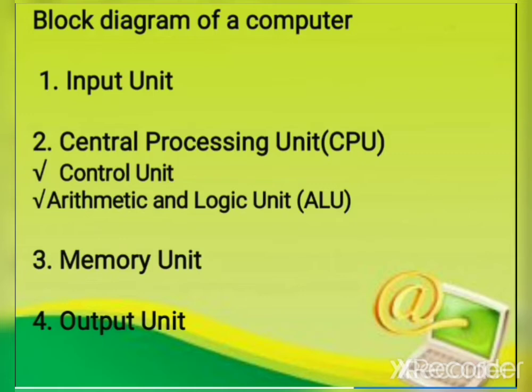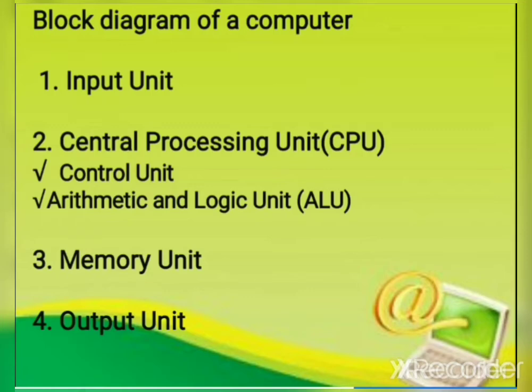So the next topic is the block diagram of computer, or functional components of computer. Students, please note this is an important question from the exam point of view, so pay your attention carefully. As I discussed earlier, there are 4 major components in a computer: input unit, central processing unit, also known as CPU, memory unit, and output unit.